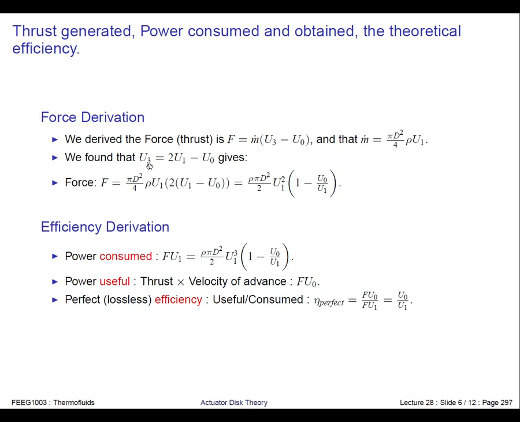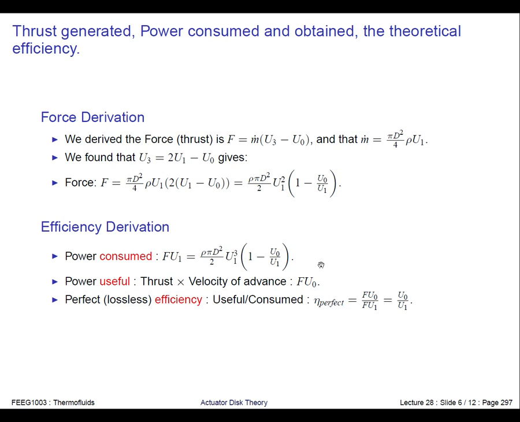So we can do a little bit of maths and repackage the force in terms of velocities, the propeller velocity and the upstream velocity. And in particular, what we're interested in here is 1 minus U0 over U1.